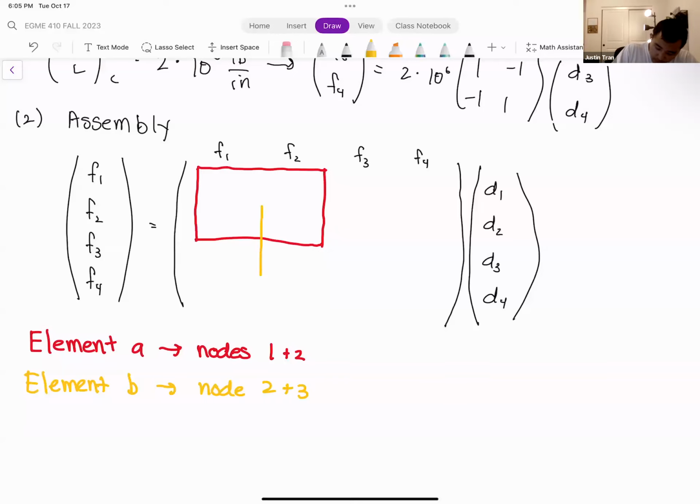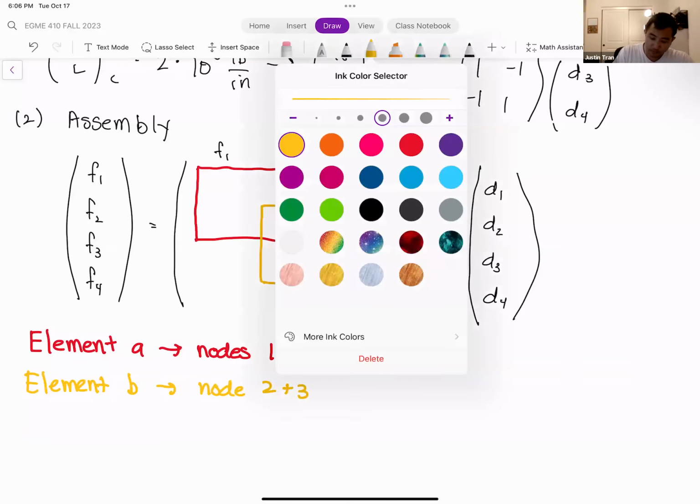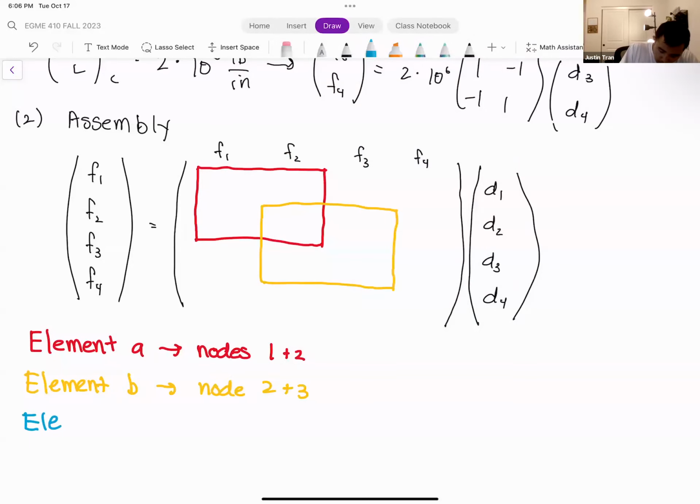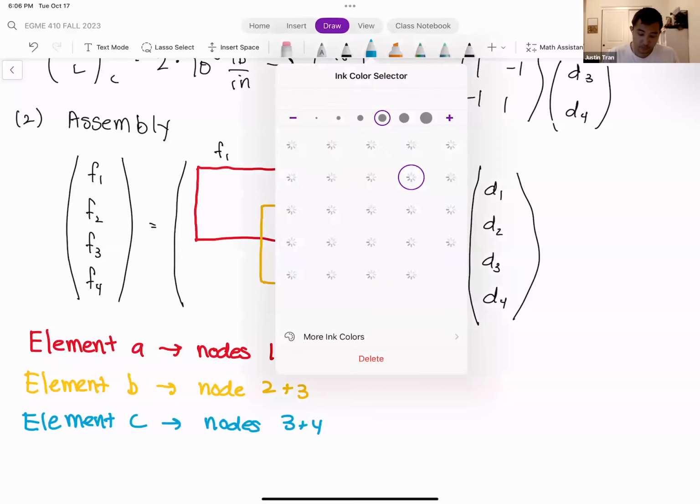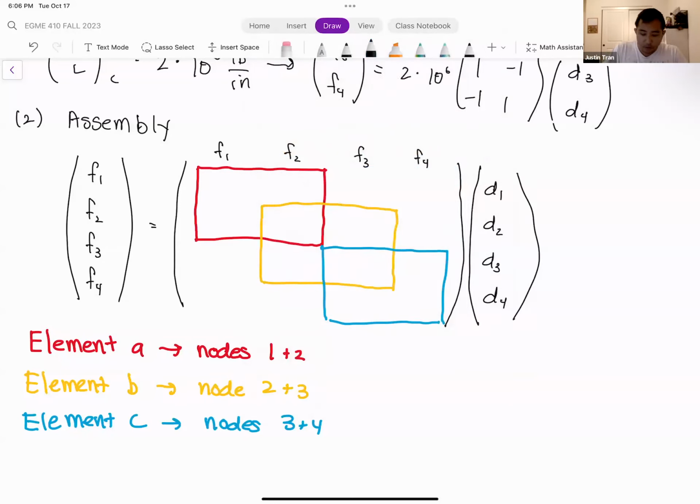So that's this part right here. And then finally we have element C. Element C is nodes 3 and 4. And so nodes 3 and 4 are going to be this area right here. All right, and then everywhere we don't have any overlap, we're just going to put zeros there.